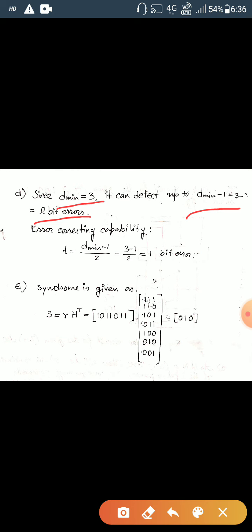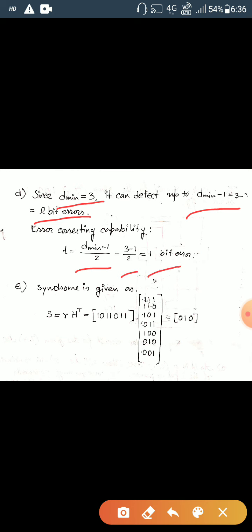If in the code word at the channel, a 2-bit error occurs, the receiver can identify that some error has occurred. But how many errors it can correct depends on t equal to (d min minus 1) by 2, that is (3 minus 1) by 2, which is equal to 1.